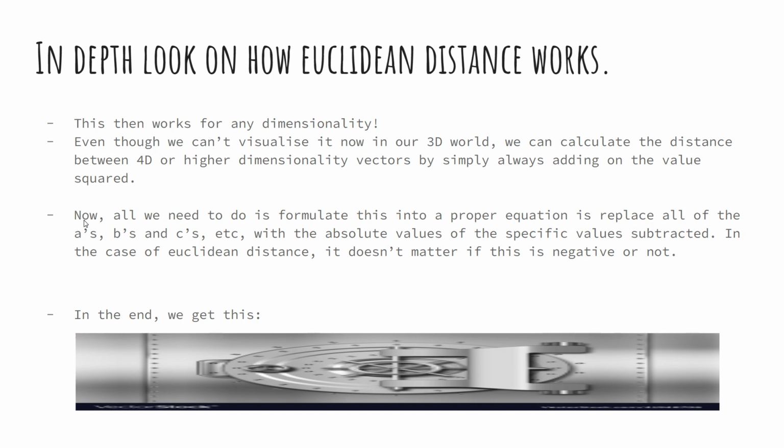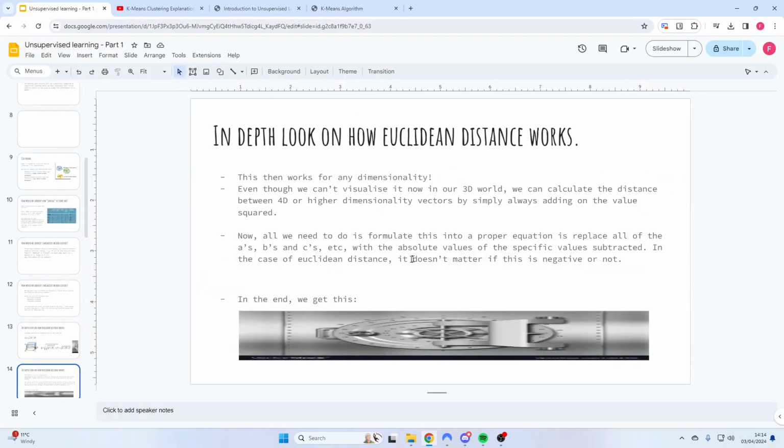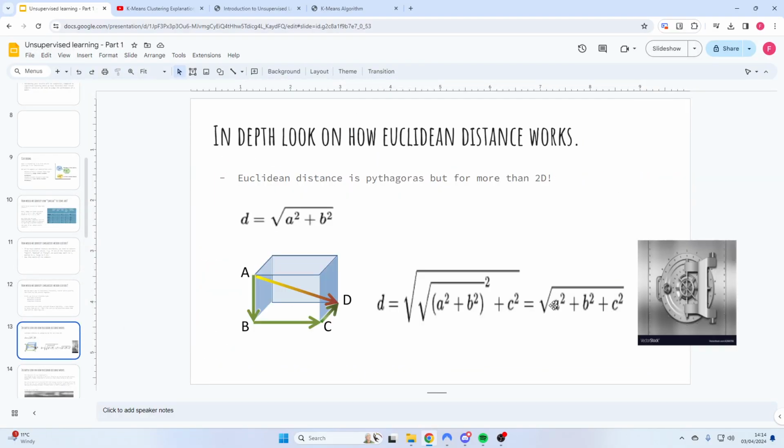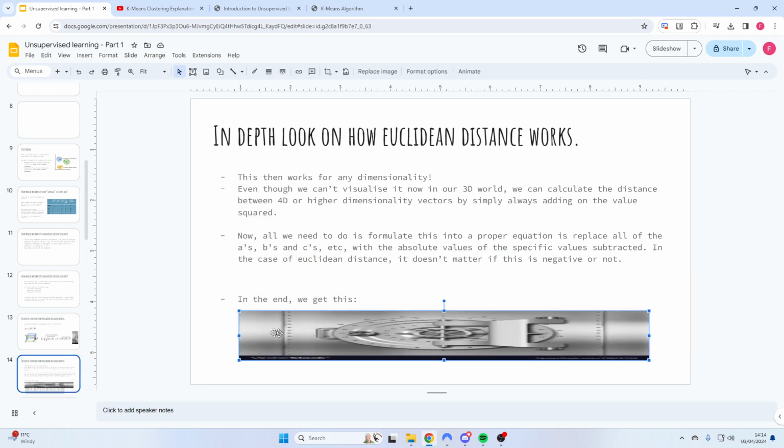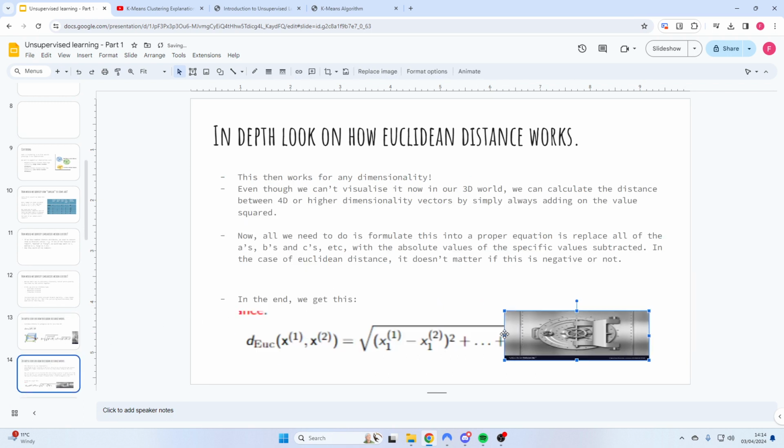And then next, rather than having a's, b's, and c's, we just need to take the values subtracted. In Euclidean distance, it doesn't matter. So rather than having a squared, the distance between 2 points is going to be one of the feature vectors subtracted from the other feature vector.